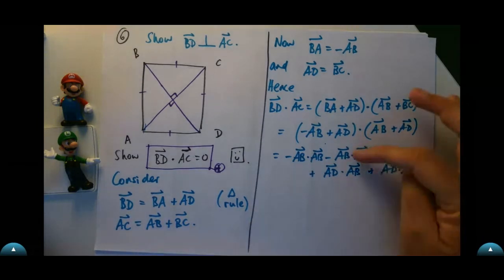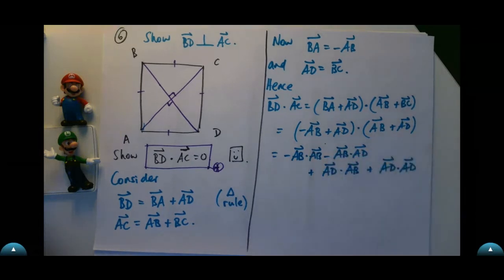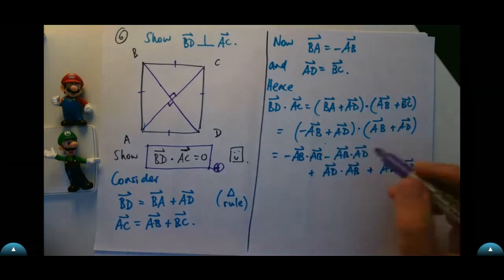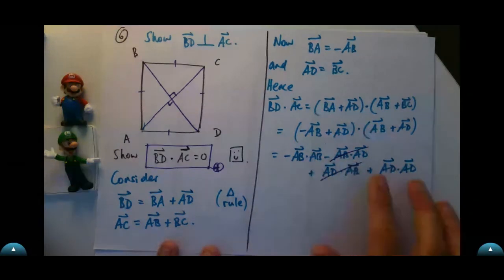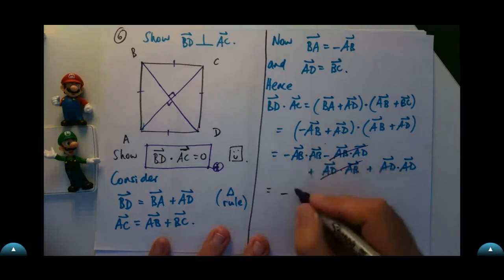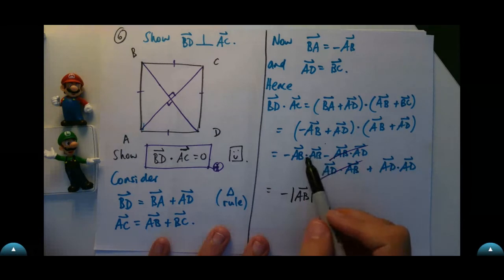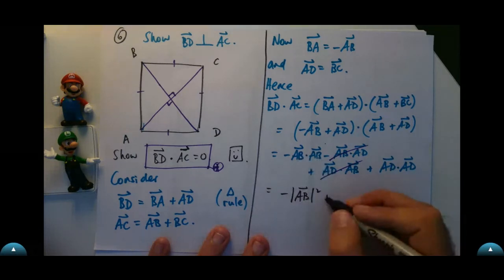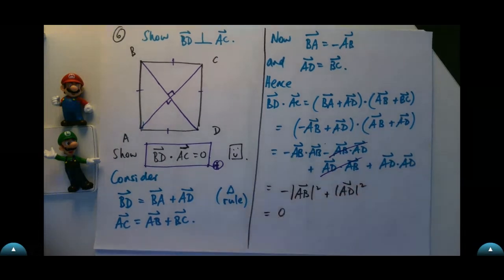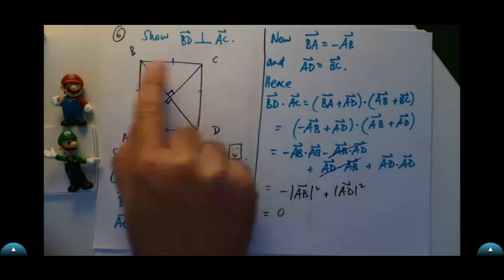Okay, so now these two things cancel out. Why? Because for the dot product, the order doesn't matter. Okay, so bam, bam. And now for these things, we can write this one like this. If you dot something with itself, it's the square of the vector's length. Okay, and why is that? Because AB is the same length as AD because the whole thing is a square.